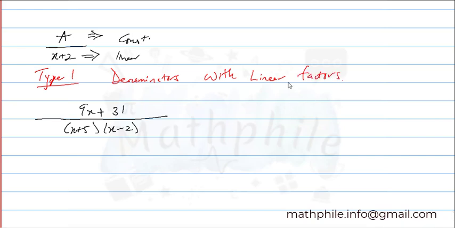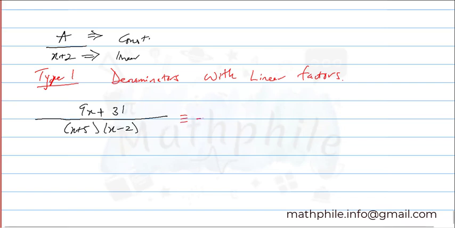This is the first type of partial fraction. Because this one is linear and this one is linear, that's why I'm saying that is type 1. We've got 4 types of partial fractions. So we're working with the first type, okay? Yes, sir.